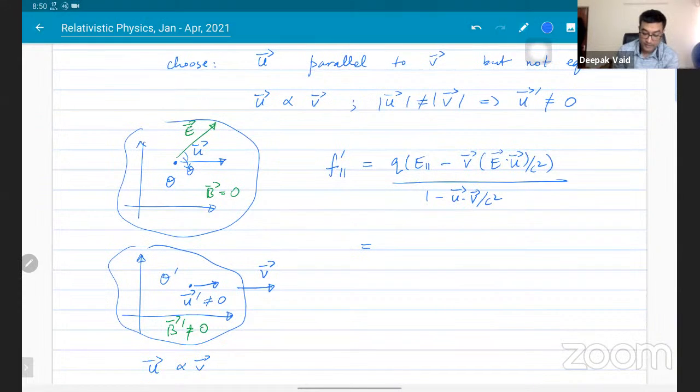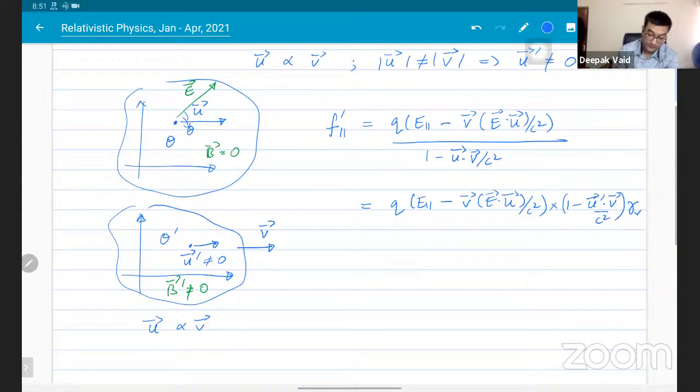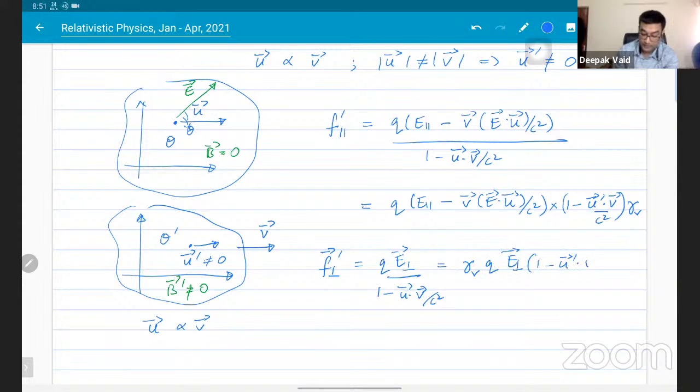And now I use this trick to write this as E parallel minus V E dot U by C square times 1 minus U prime dot V by C square multiplied by gamma V. And similarly, the perpendicular component will become gamma V Q E perpendicular times 1 minus U prime dot V by C square.